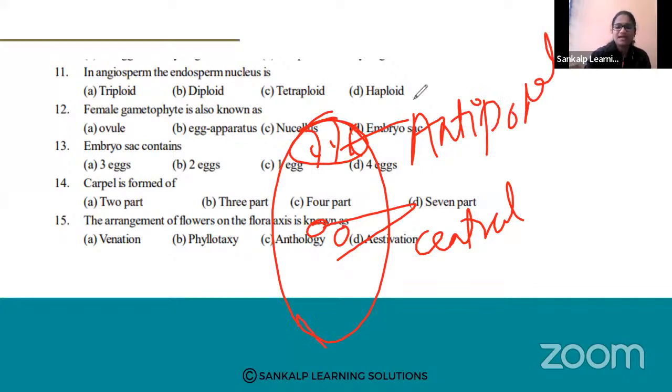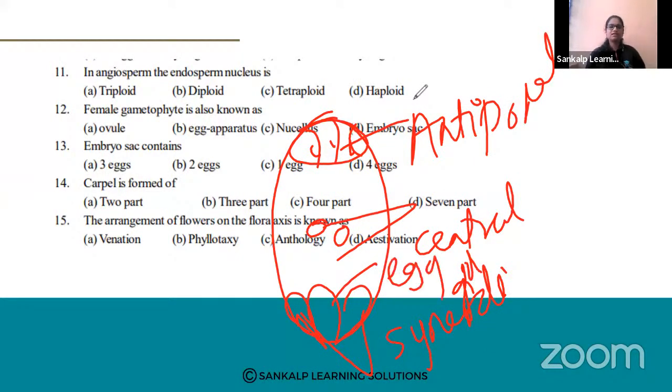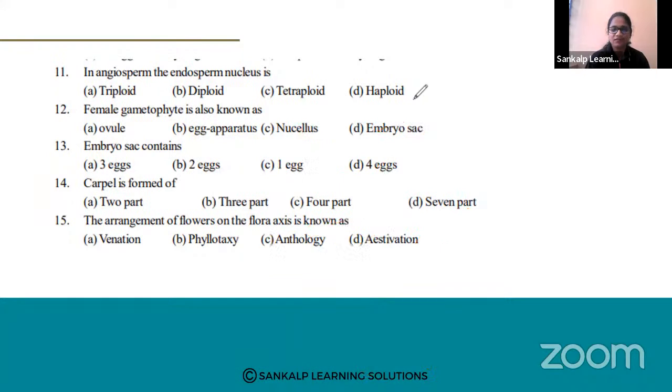At the micropylar end, you have 3 cells, out of which 2 are synergids and 1 is the egg cell. So what they asked, embryo sac contains how many eggs, so 1 egg is the right answer. I hope you understood the structure now, Kirtana. Fine.